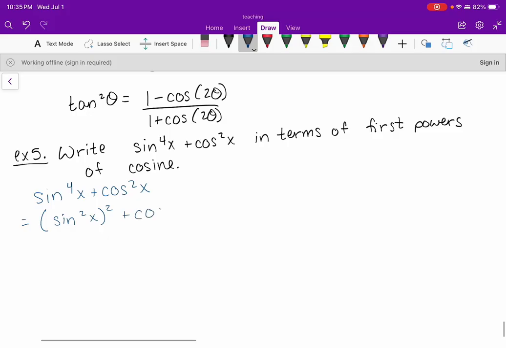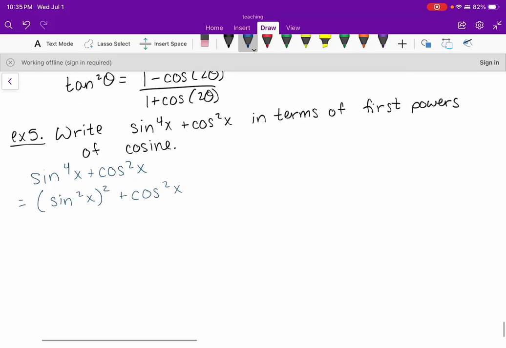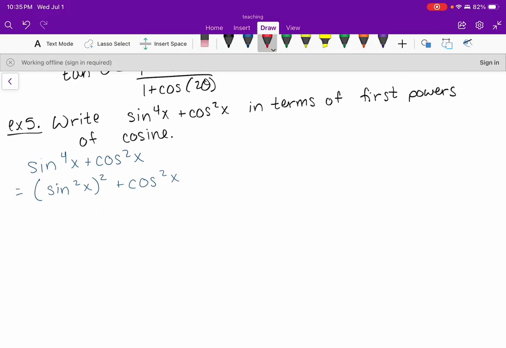And then I have that plus cosine squared x. The reason I changed this is because I have the identity for sine squared, not necessarily sine to the fourth. So now I can replace using my power reducing identities here.